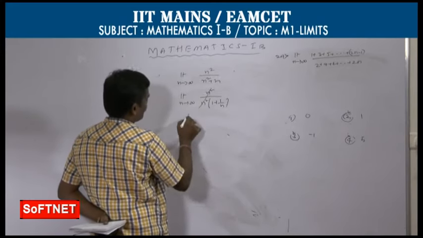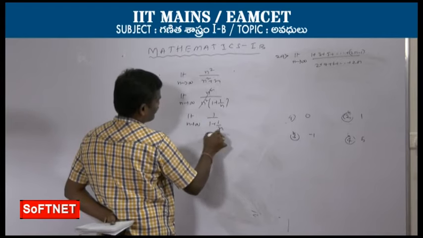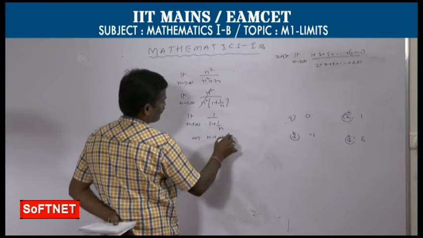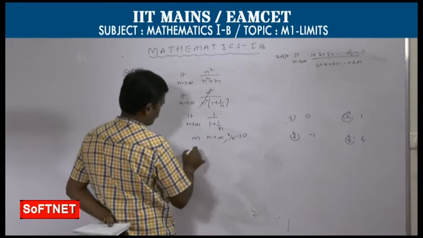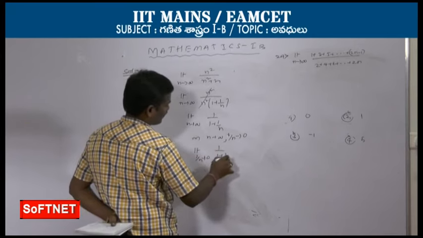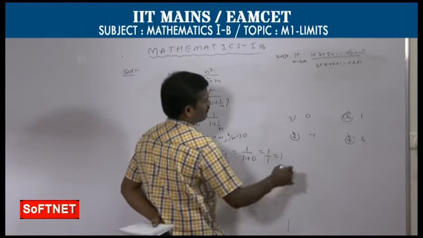So n square cancels, and we get limit n tends to infinity, 1 by 1 plus 1 by n. As n tends to infinity, 1 by n tends to 0. So 1 by 1 plus 0, that is 1 by 1, the answer is 1, the second option.